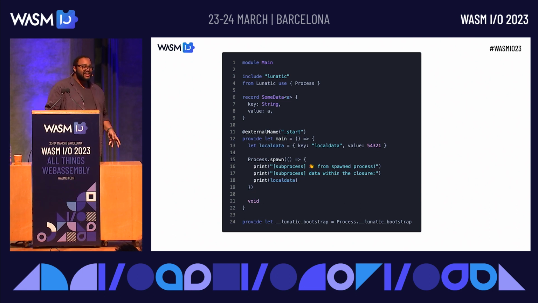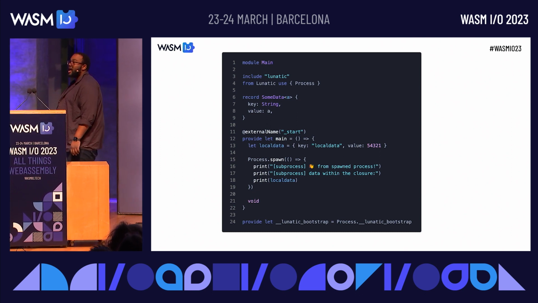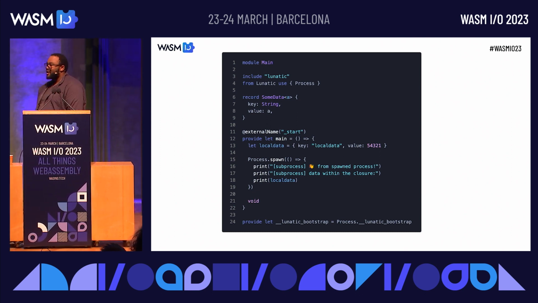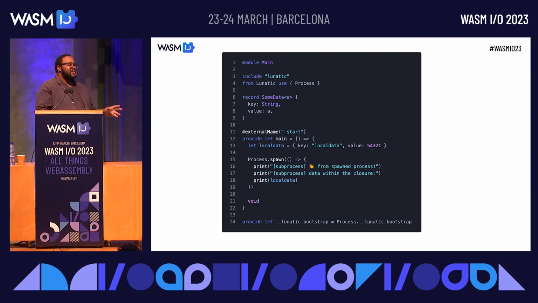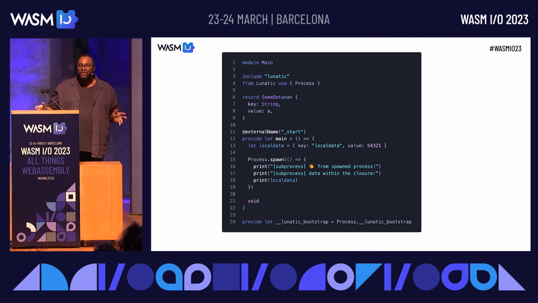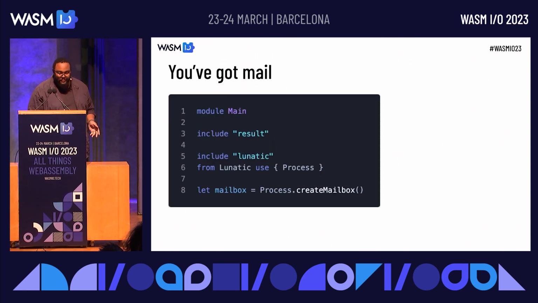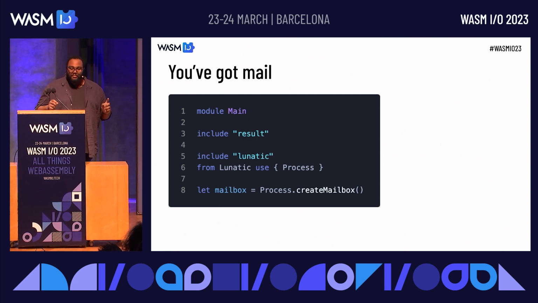So this is fantastic. This is powerful. If you want to spawn a process and just say, hey, here's some data, go run some MapReduce thing, you're done. That's it. You don't need to do anything special. But of course, you're probably going to have more messages than just what you have when you create that function. So you've got mail. We do this using mailboxes.